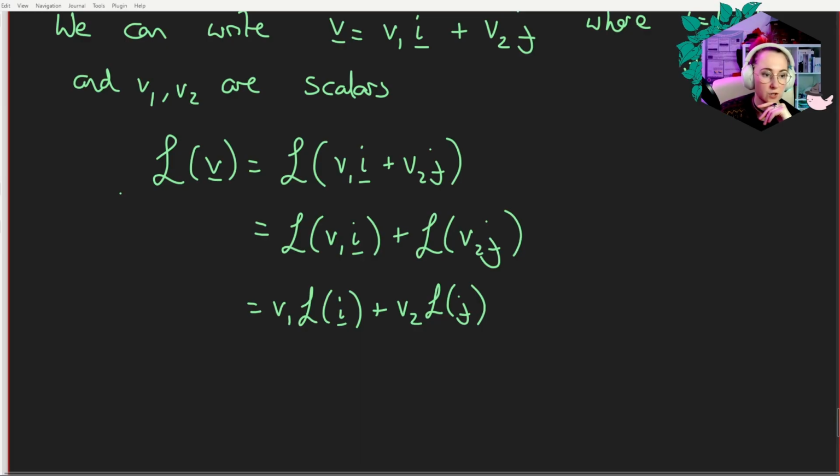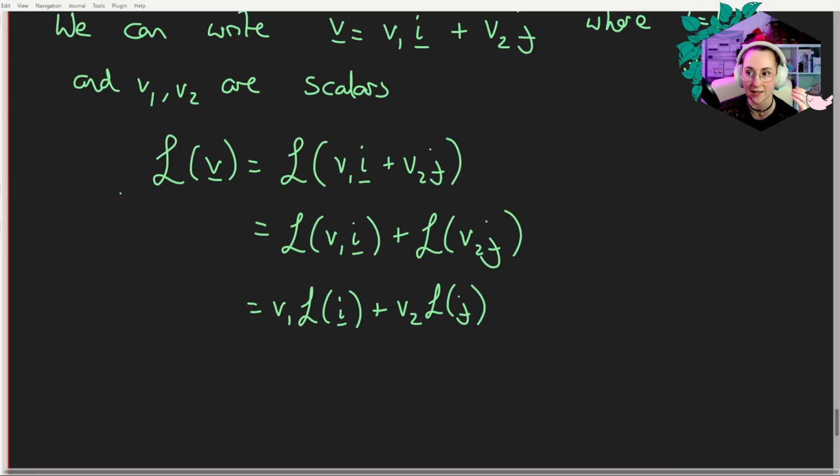So to determine what L is, we just need to look at how it changes I and J. I and J are really nice vectors to play with because they are always (1, 0) and (0, 1), whereas V might be like (-73, 62), and doing complicated maths with that is more complicated, and we don't want to do that.